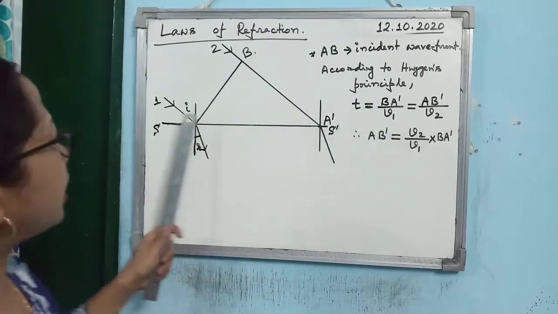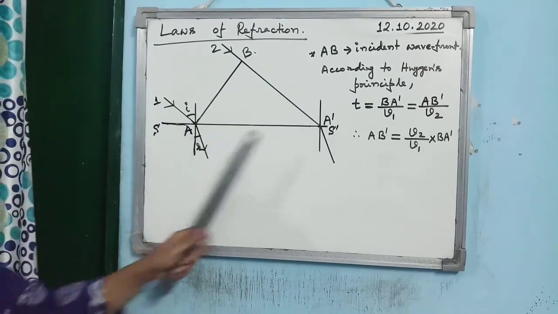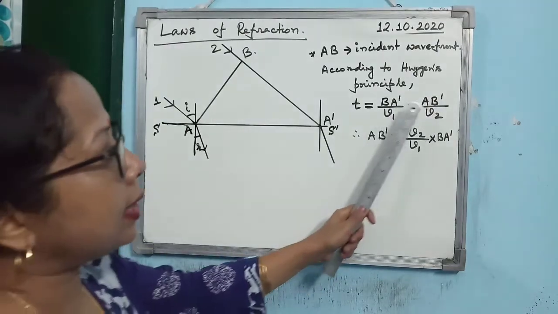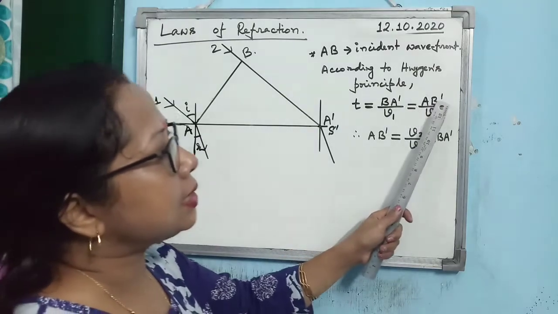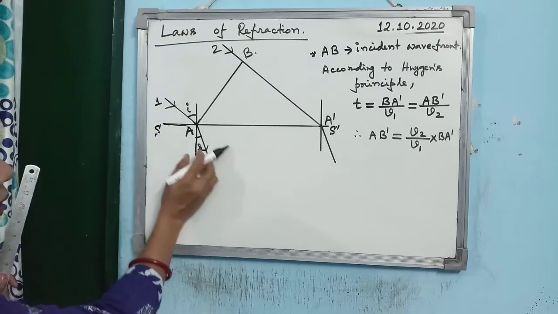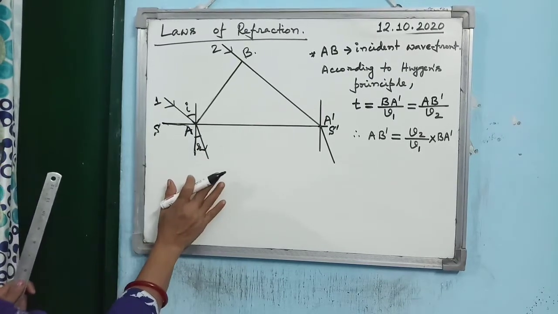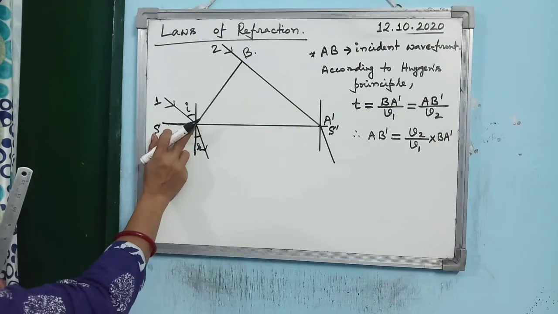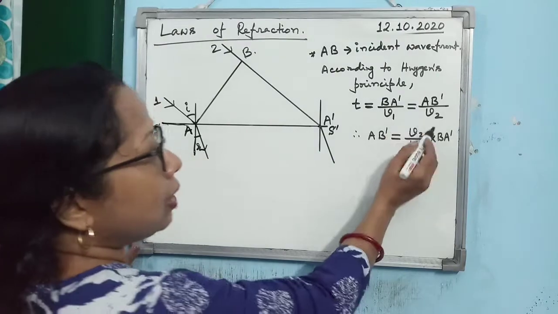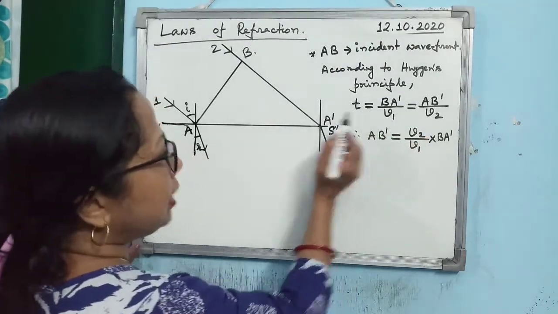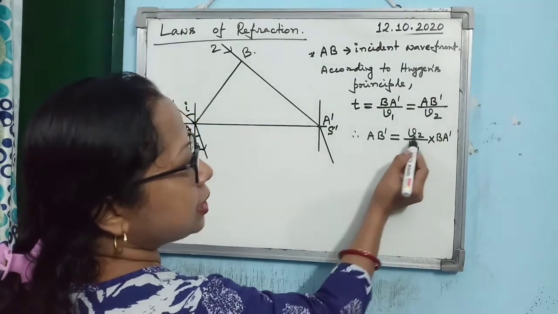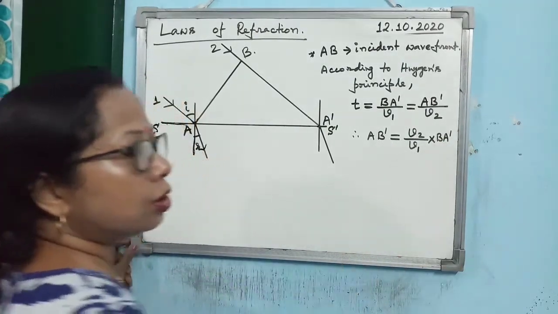Then if I consider ray 1 is travelling a distance AB dash in the same time T, then ray 1 will travel this distance within medium 2, because it has already struck the surface at the point A. So the time T for the first ray will be AB dash by V2. So you see AB dash is equal to V2 by V1 into BA dash.